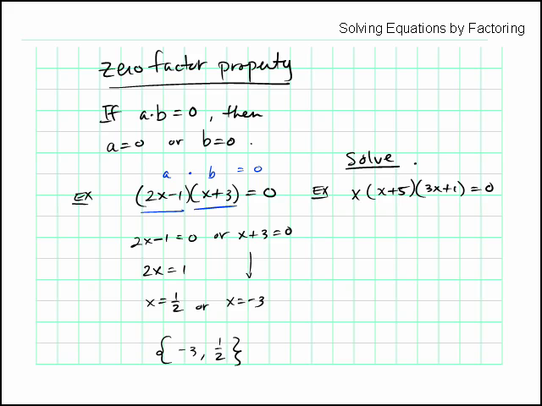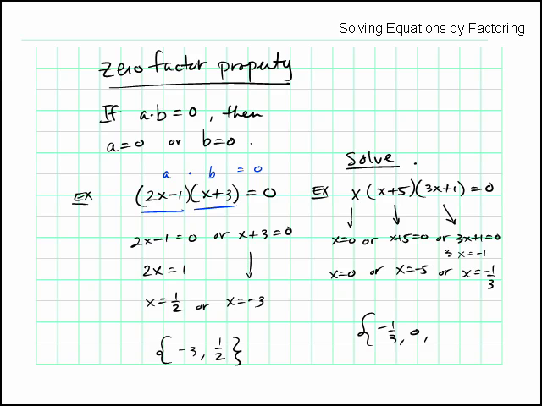I can extend the zero factor property, set each part equal to 0. x equals 0, or x plus 5 equals 0, or 3x plus 1 equals 0. x equals 0, this one gives me -5, and this one, if I solve that correctly, will be -1/3. And so that equation has three solutions: -1/3, 0, and -5.